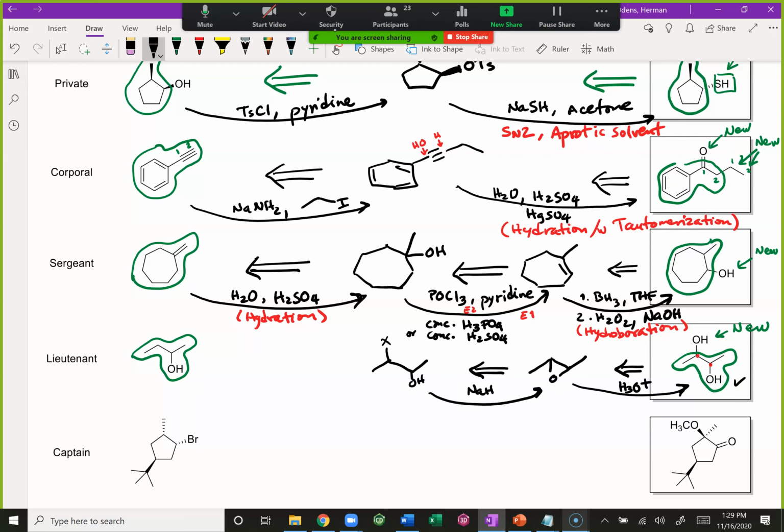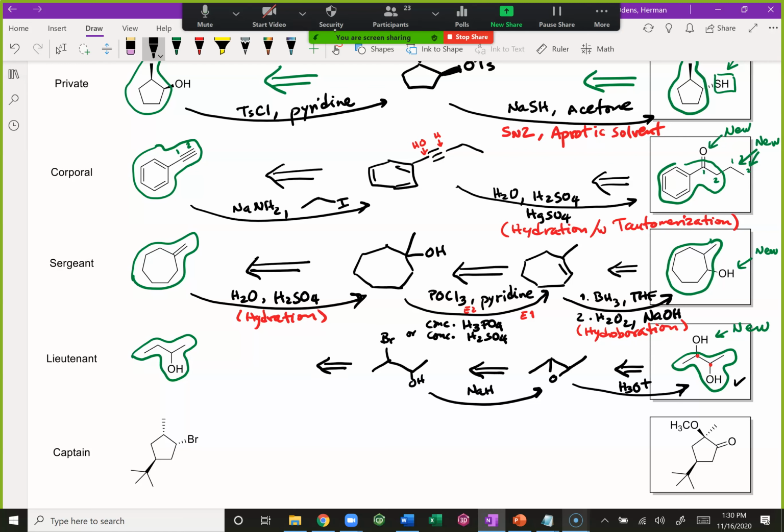A leaving group. What's a good leaving group? Iodine. I like bromine. Bromine is more versatile. I'm going to show you why. It's in the middle of the halogens, and for example, we can do the halohydrin reaction going backwards, but I cannot do it with iodine, and that's the only reason I would choose bromine.